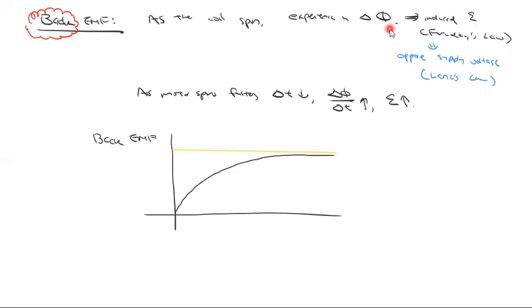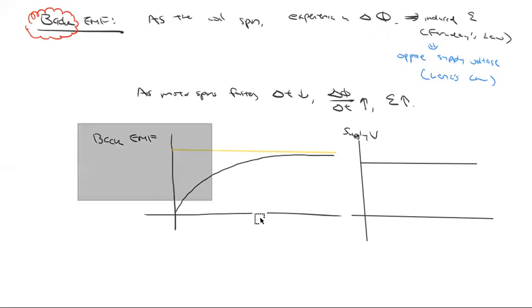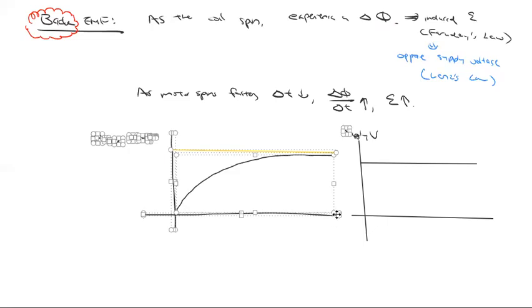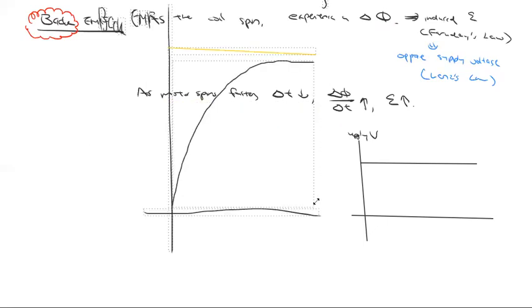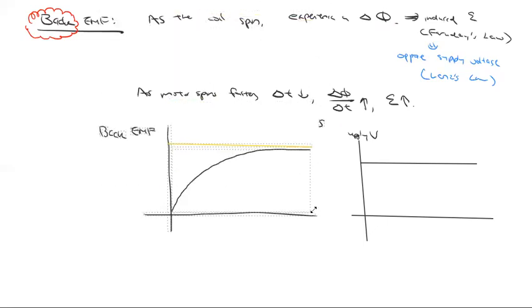Your supply voltage we can simplify as constant. And so your voltage across the coil is just the difference between these two: supply voltage minus your back EMF.